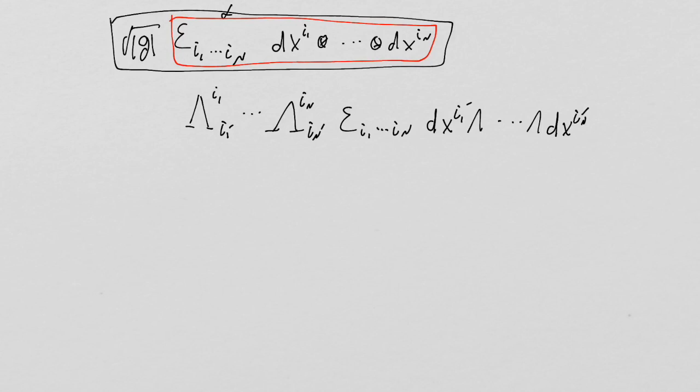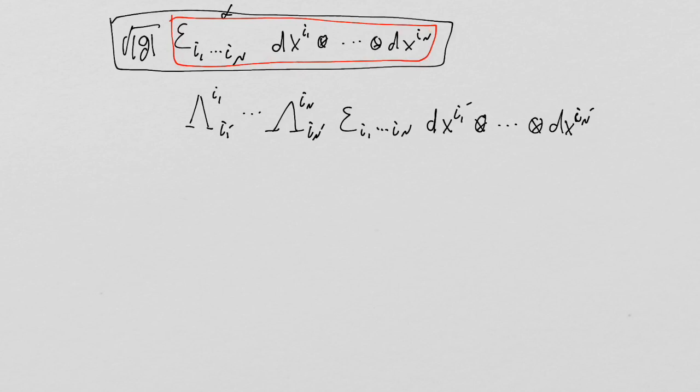I'm not wedging. Sorry, this is tensor products, right? Tensor product dx^{i_n} prime, like that.